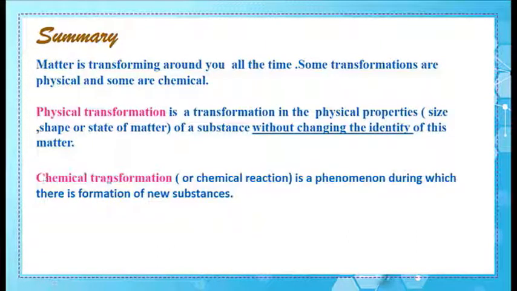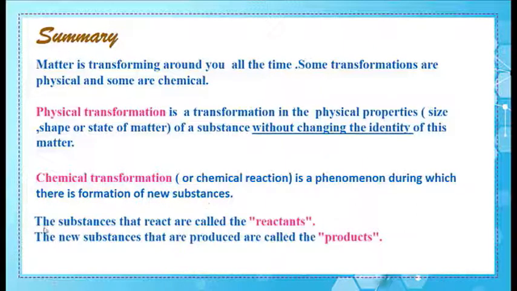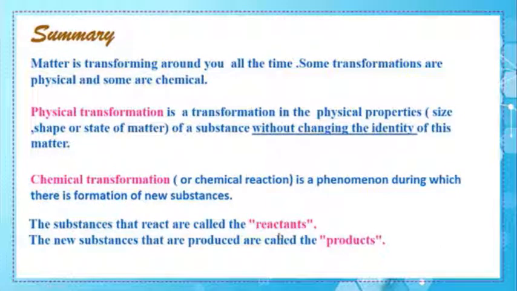While chemical transformation or chemical reaction is a phenomenon during which there's formation of new substances. The substances that react are called the reactants, while the new substances that are produced are called the products.